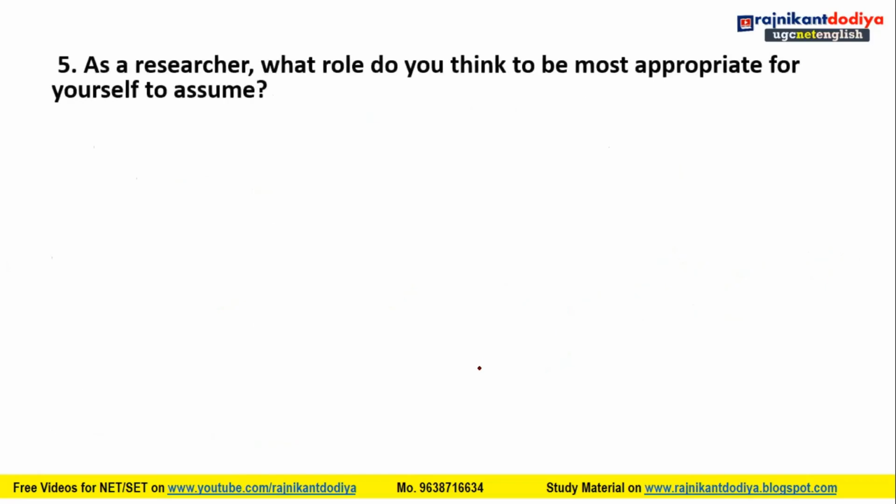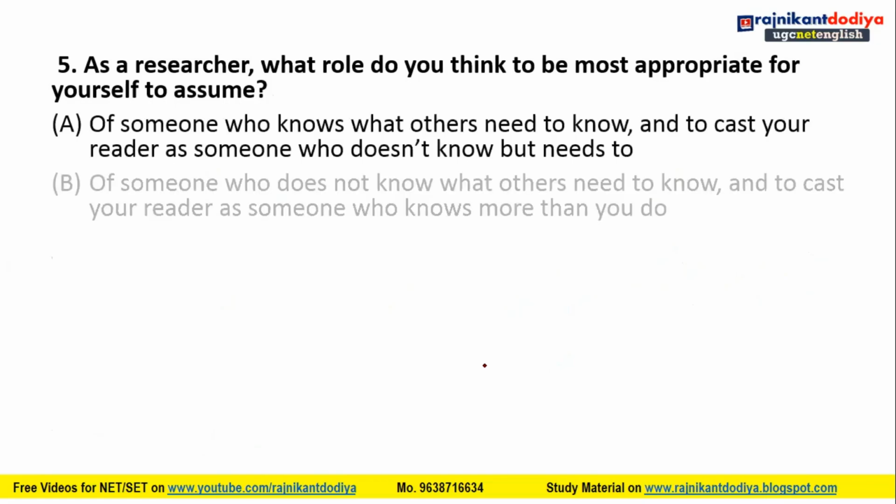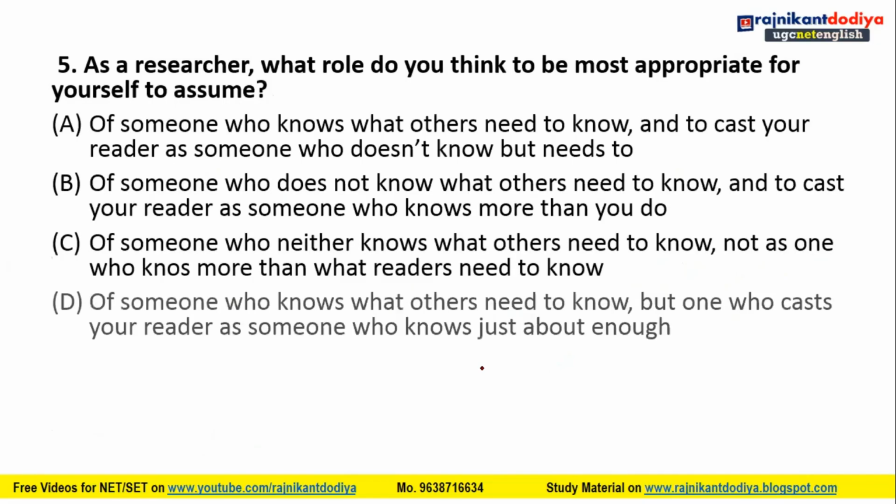Then the next question is, as a researcher, what role do you think is most appropriate for yourself to assume? So here we have different descriptions of such a role. Let's read them out. Of someone who knows what others need to know, and to cast your reader as someone who doesn't know but needs to.